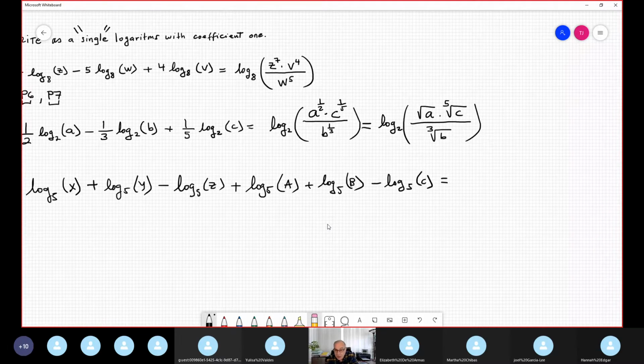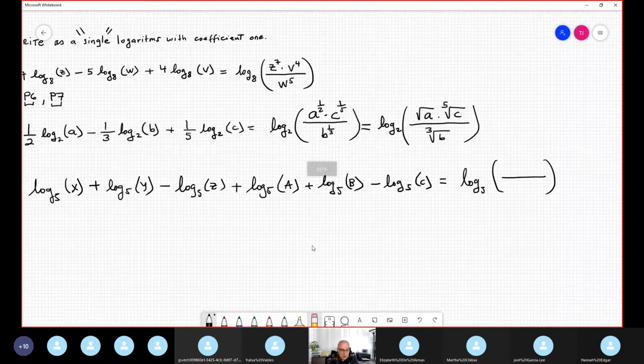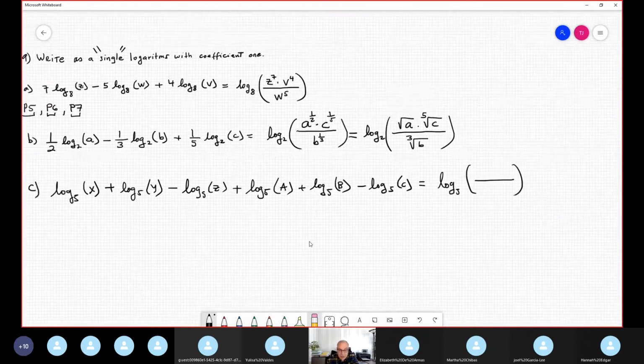Logarithm base 5, and you open big parentheses. You put a fraction, because I see some guys get positive and some guy gets negative. The guys that get positive are x times y times a times b, no?